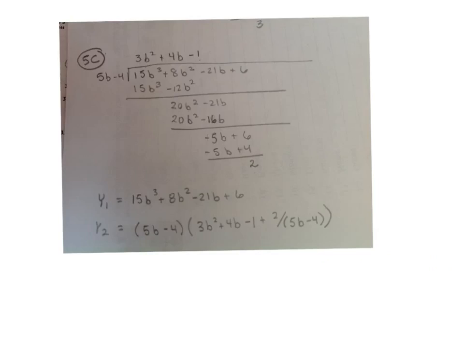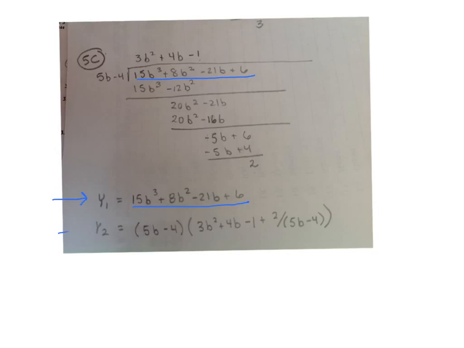One last thing before we're done. I just wanted to show you my personal division for Check Your Progress 5C. And then I also wanted to show you how you can check your answers on these. This is how I checked my answer. In my calculator for Y1, I put this part of the equation.